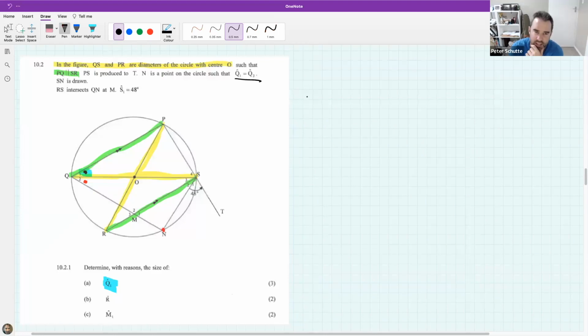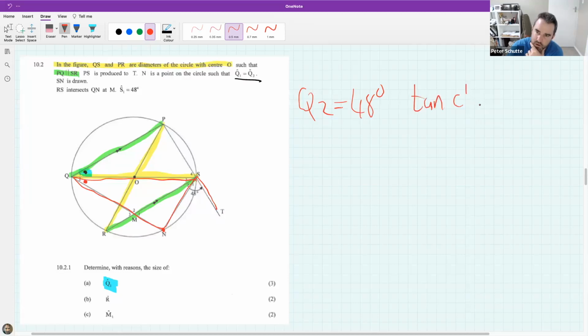Okay, yes. So I think what I would say is that this angle here has to be equal to Q2 by the tan chord. So Q2 is 48 by the tan chord theorem.